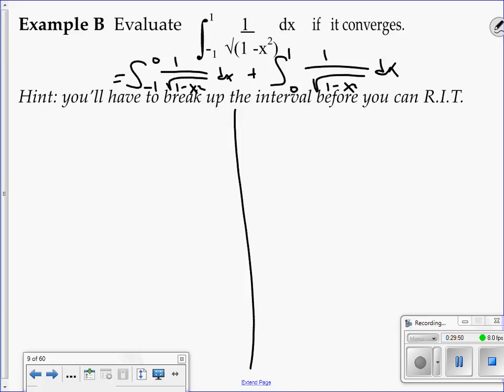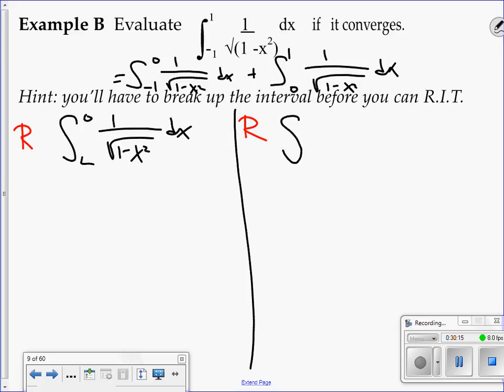Okay, so for the first one, let's take care of the problem spot. We replace the negative 1 with L, so it's going to be the definite integral from L to 0. And on the other one, the definite integral from 0 to L.